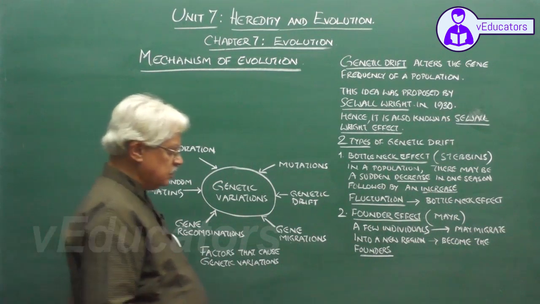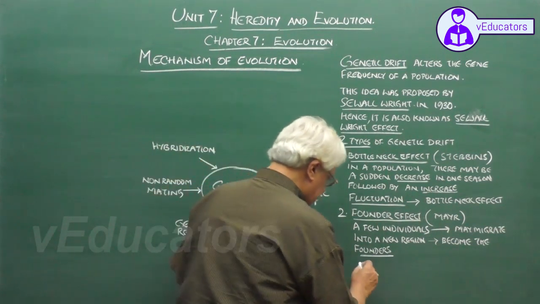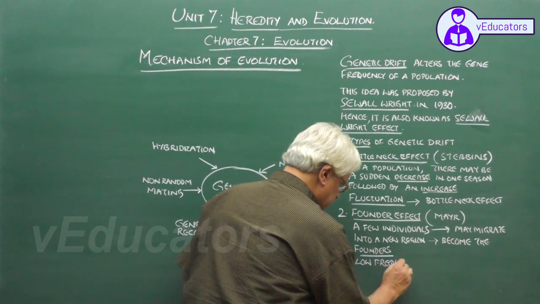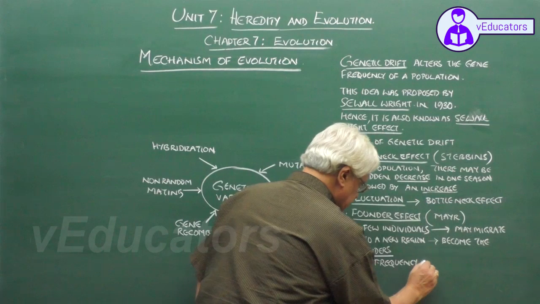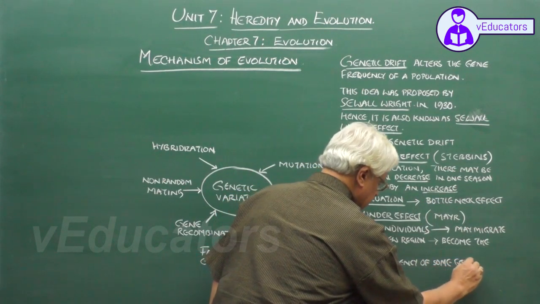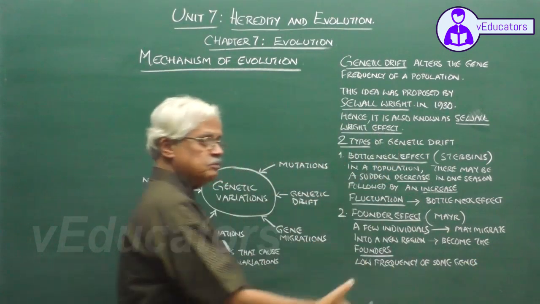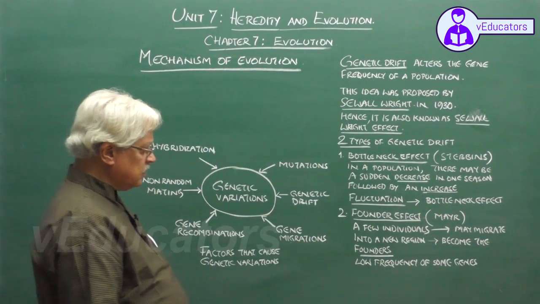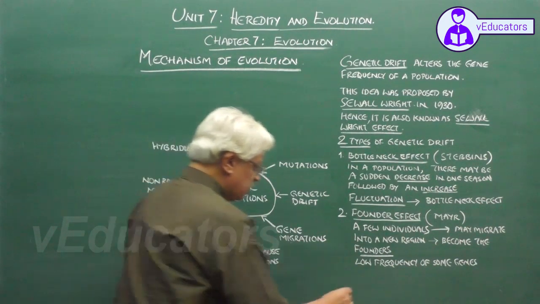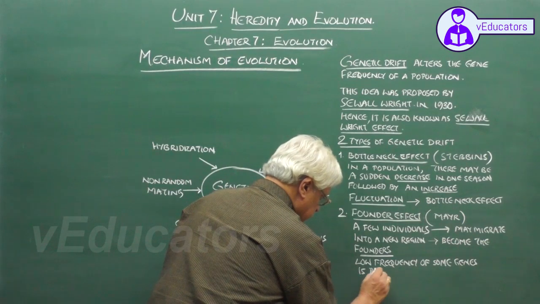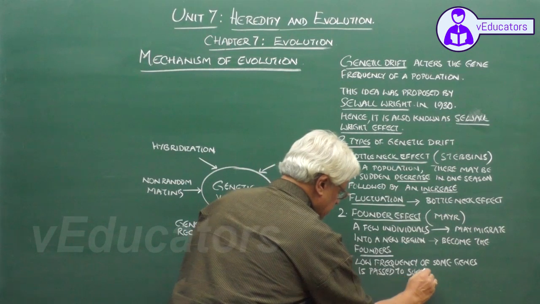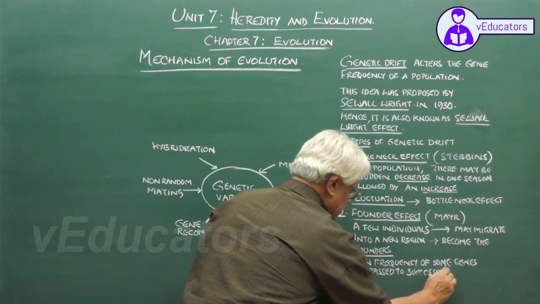In these founders, suppose there is a very low frequency of some genes, or the absence of some genes. This very low frequency or the absence of some genes is passed on to successive generations.